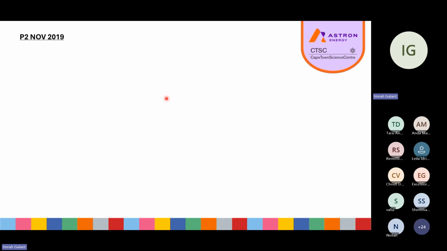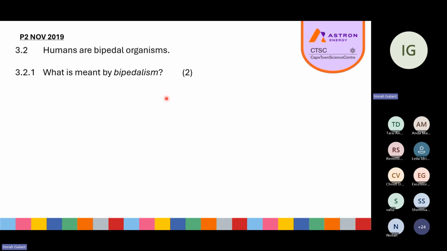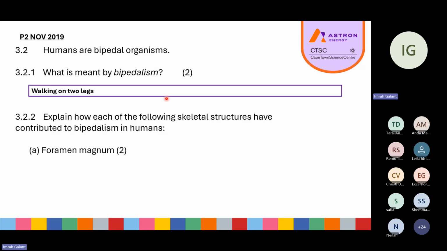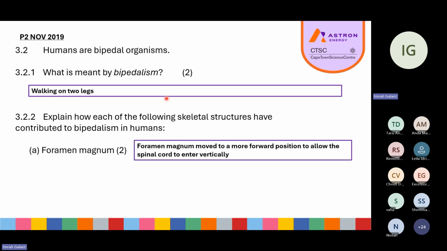It says humans are bipedal organisms. What is meant by bipedalism? Just a simple definition, it means you're walking on two legs. Then it says explain how each of the following skeletal structures have contributed to bipedalism in humans. So just a bit of theory you need to know. With the foramen magnum, that basically has to do with the spine.